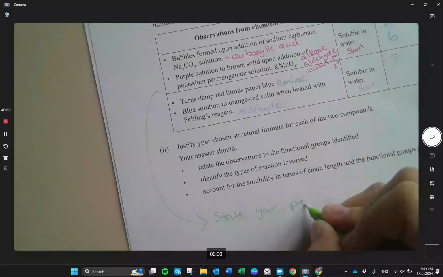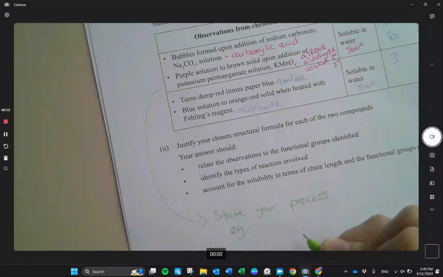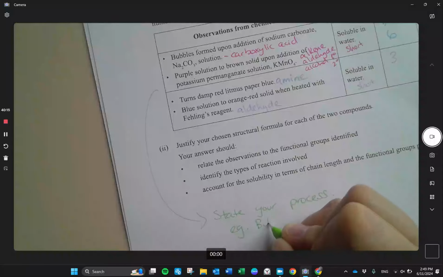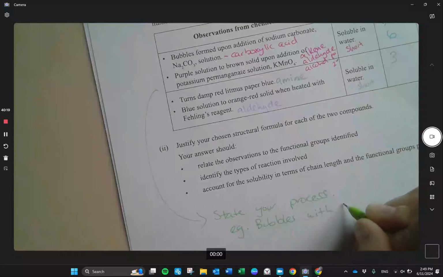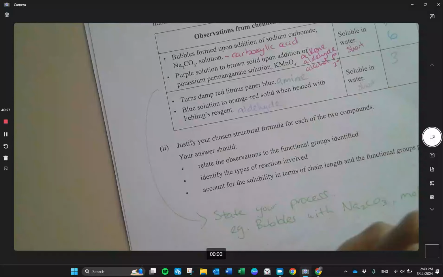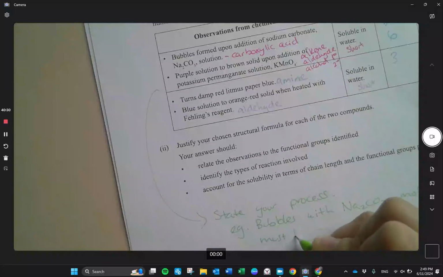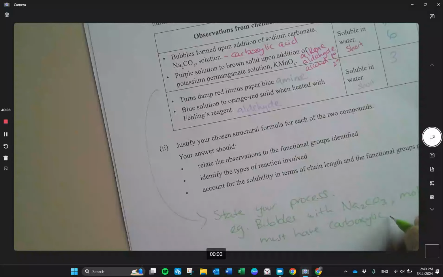For example, bubbles with sodium carbonate. Molecule must have a carboxylic acid. So basically, it's like write one of these bullet points and say it's that, and because it's in number 4, for example, we know that's the right answer.